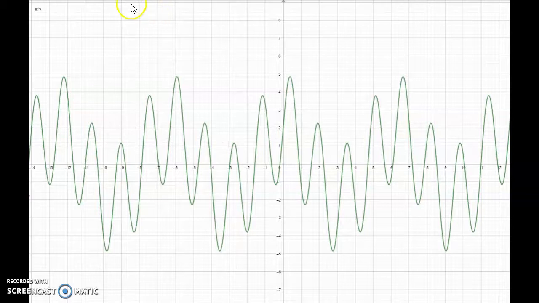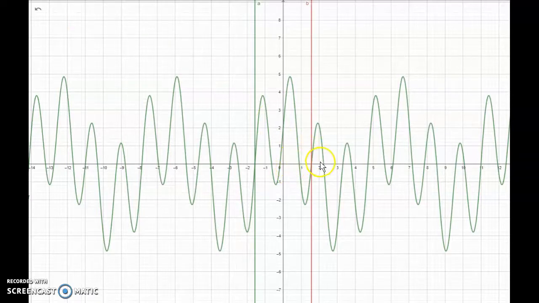Negative pi over 2, if we put it in the form of a figure, is around negative 1.57, which will be the lower bound for that question. And we also have the upper bound, which is pi over 2, the positive side of the same value.